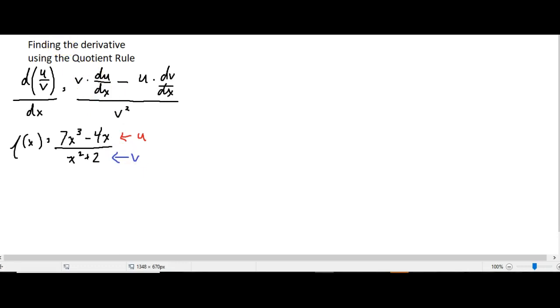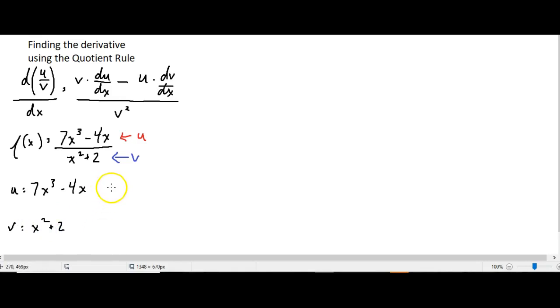So let's just write those out. And remember that we're going to need the derivative of each, the du dx and the dv dx. So let's state that u is equal to 7x cubed minus 4x, and v is equal to x squared plus 2.